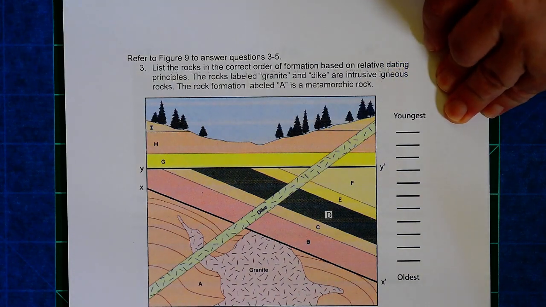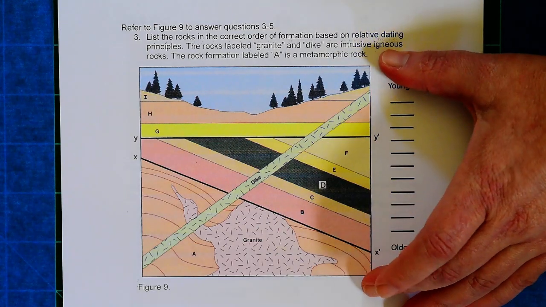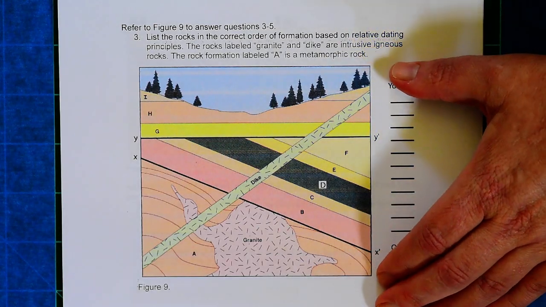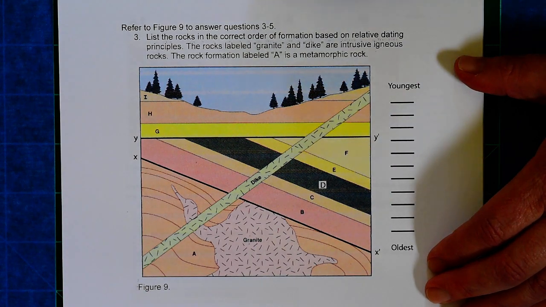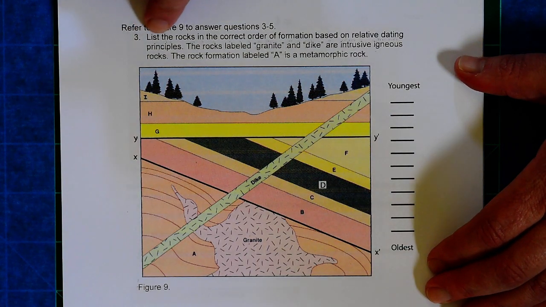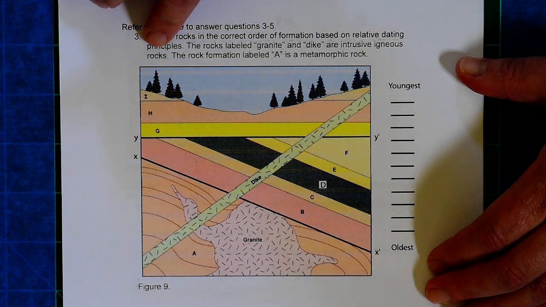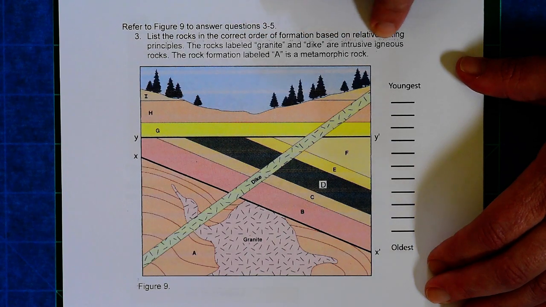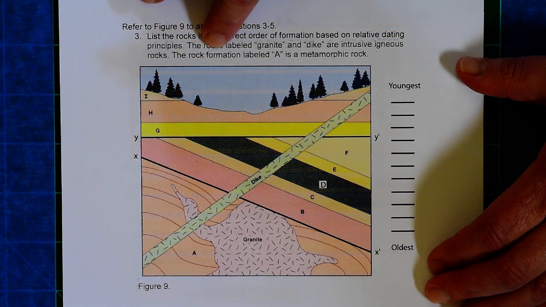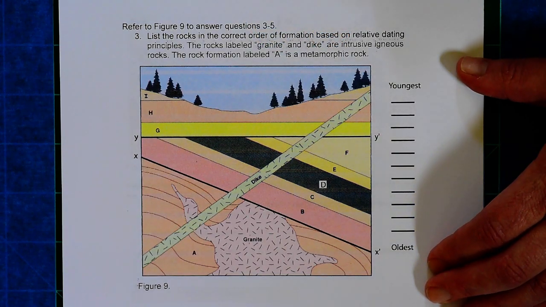Now, on this next page right here, you have what's called a cross-section, a side view of the planet. And there's all kinds of different rocks in there. So if we look at this, it says list the rocks in the correct order of formation based on relative dating principles. The rocks labeled granite and dike are intrusive igneous rocks. The rock formation labeled A is metamorphic. And you have to put these in order.